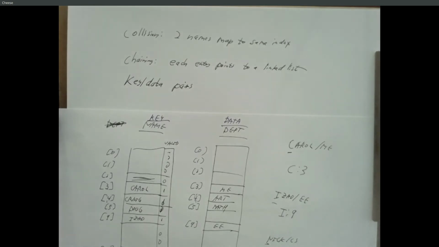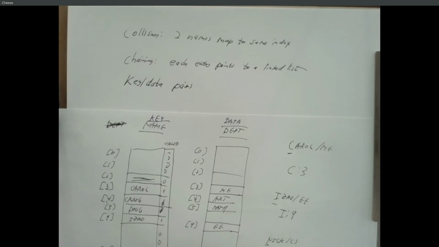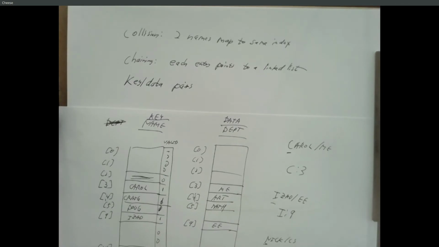And so depending on the nature of the data, the keys, you might want a different kind of hashing algorithm. So you might take all of the letters in the name and add up their ASCII codes, and then reduce modulo 1000.